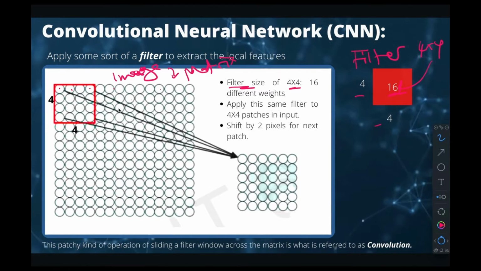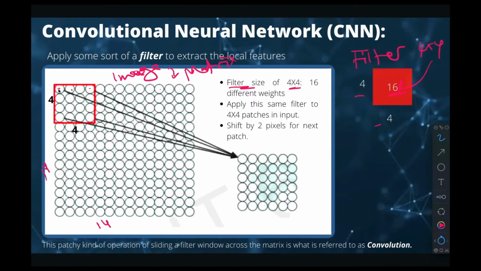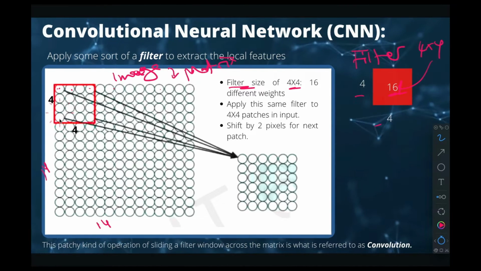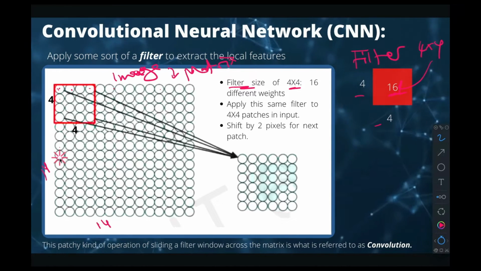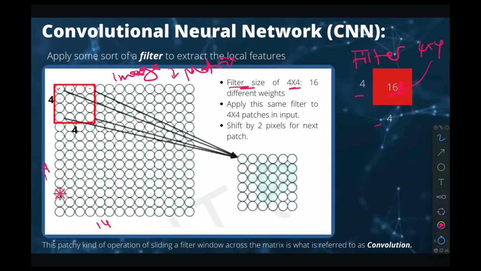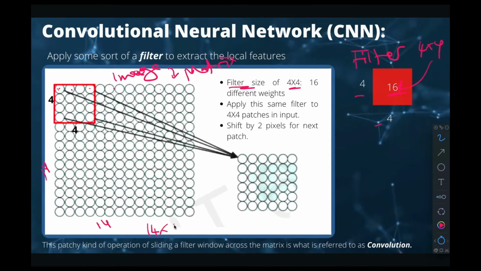So the entire matrix is 14 cross 14. Let me check that the other side is also 14. Yes, it's 14 cross 14.